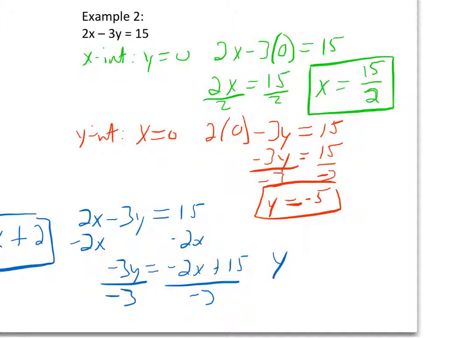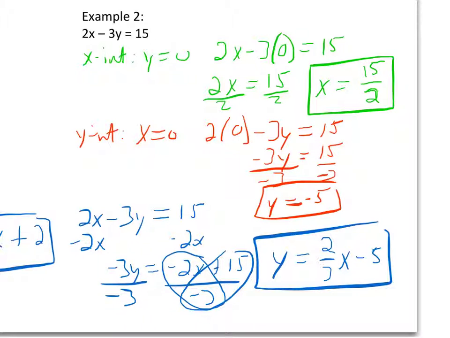We're left with y equals this fraction, which is negative 2 divided by negative 3, so positive 2/3 x, and then this fraction, which is 15 divided by negative 3, in other words, negative 5. And that is the end of lesson 1.4, part 1.